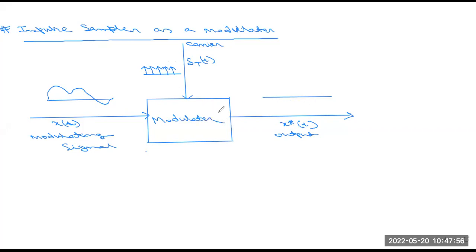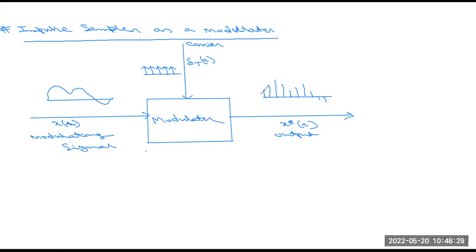So using this modulator circuit, you decrease the error of the modulating signals, using this carrier signal also. The output is coming here, and particularly you have to see 0, then T, then 2T, then 3T, 4T, and so on.